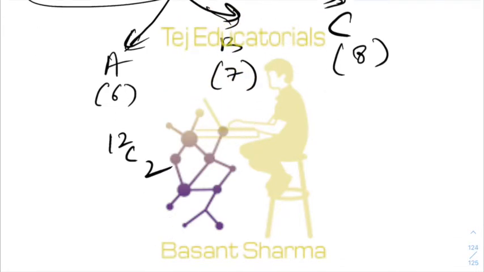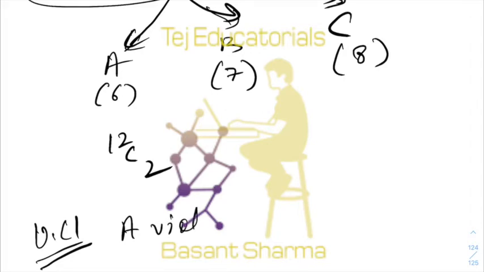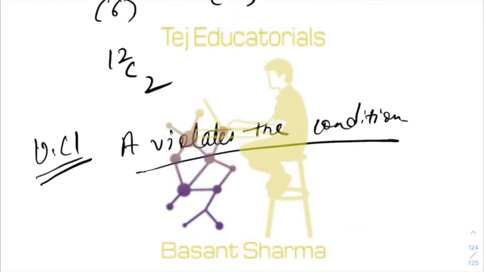Now what is the unfavorable case 1? When A violates the condition, that means A should get more than or equal to 7 coins. So give 7 coins to A, and that can be done in only one way, because all coins are identical.